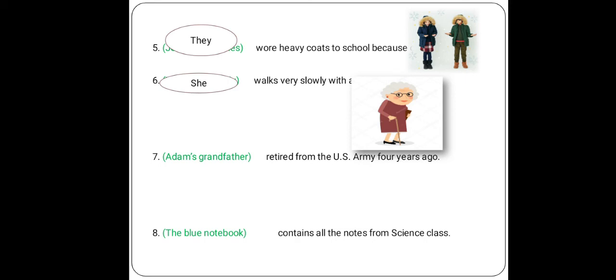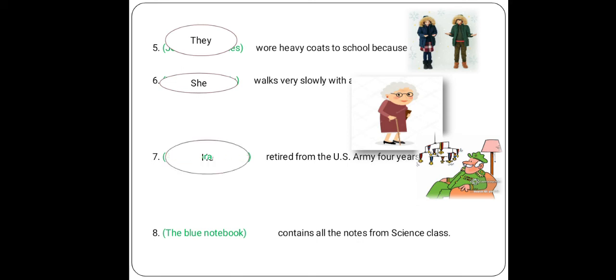Next sentence, Adam's grandfather retired from the US Army 4 years ago. So this is Adam's grandfather, and he's a retired man. He's looking here at the picture at his medals. So it becomes he.